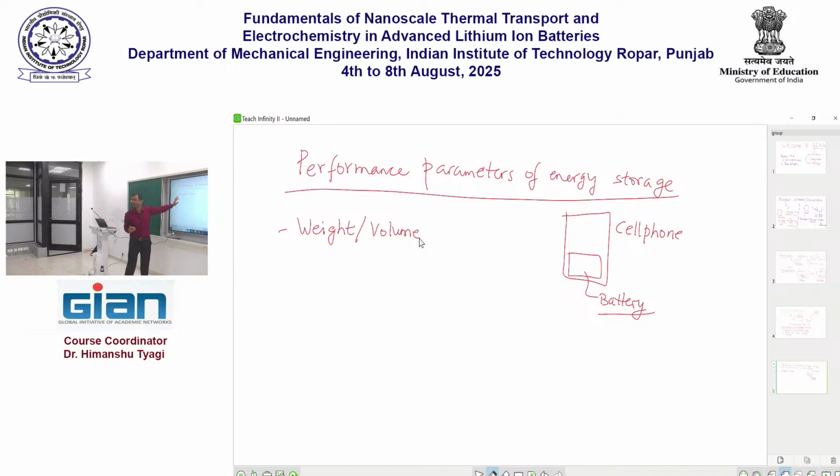So we always look for a lightweight battery, right? Can you think of what are the units of this performance parameter that I would be looking for? Suppose I give you two batteries, battery A and battery B, and if I look at the spec sheet, how will this consideration of weight be captured in the battery?